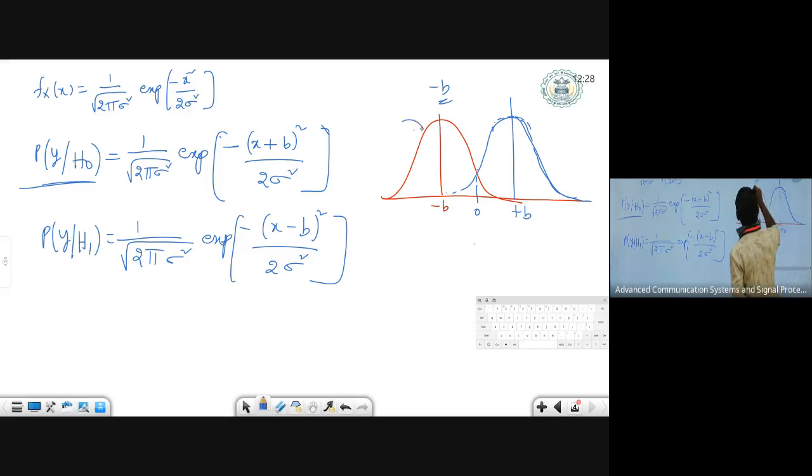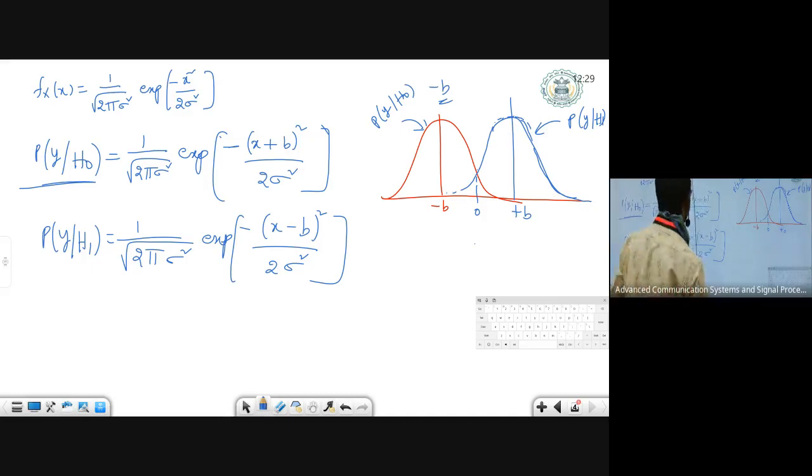This indicates the probability of receiving y when h naught has occurred, and this indicates the probability of receiving y when h1 has occurred. Is this fine? Clear? Yeah, it should be clear.